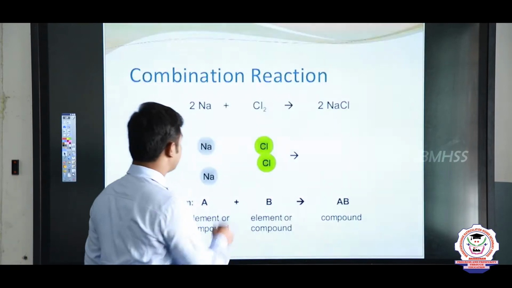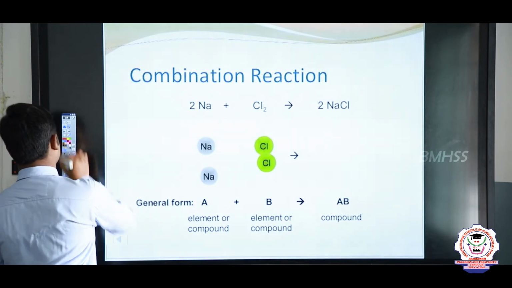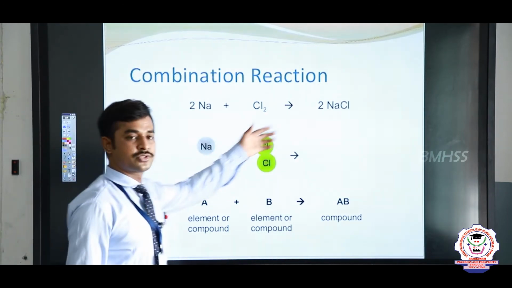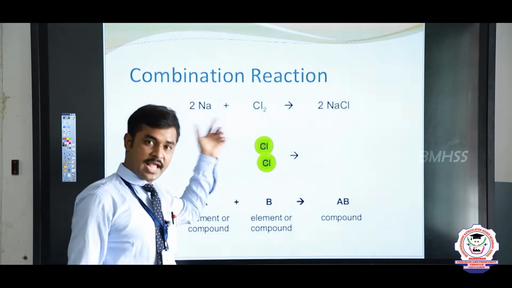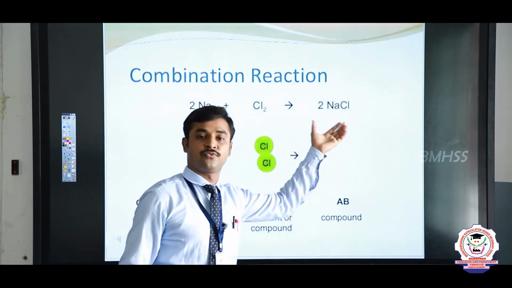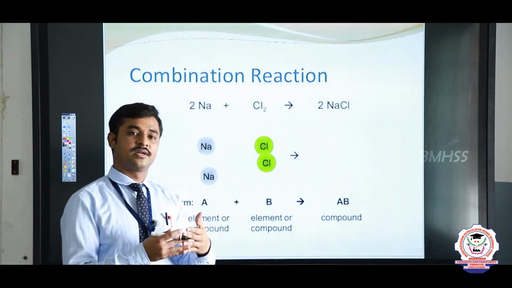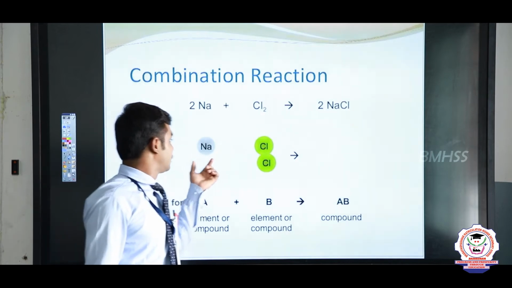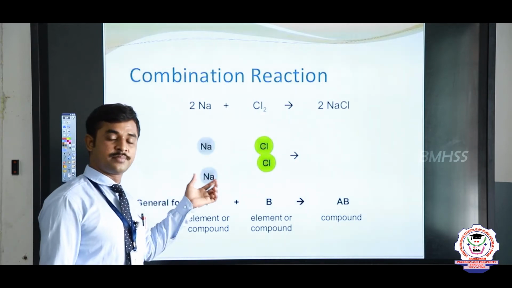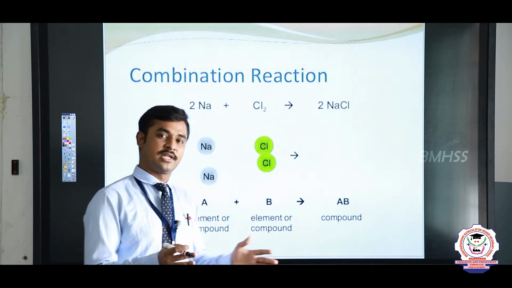For example, you can see that sodium reacts with chlorine to form sodium chloride, in which all the reactants combine together to form the product. So, they combine, and that word is represented as the combination. Sodium is always a single element, and chlorine is naturally present as a double element.